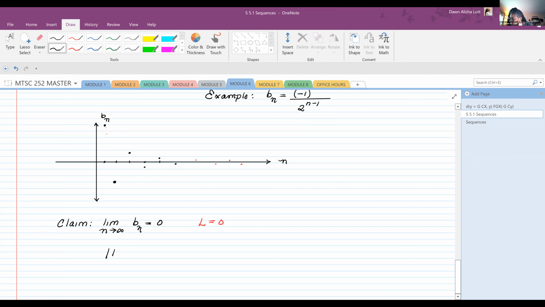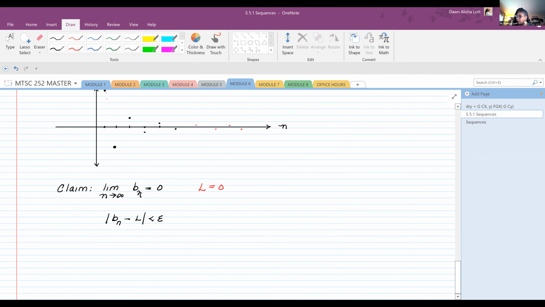If I look at the absolute value of b_n minus L less than epsilon, that means that minus epsilon is less than b_n minus L is less than positive epsilon, or b_n is between L minus epsilon and L plus epsilon. So here's my limit.